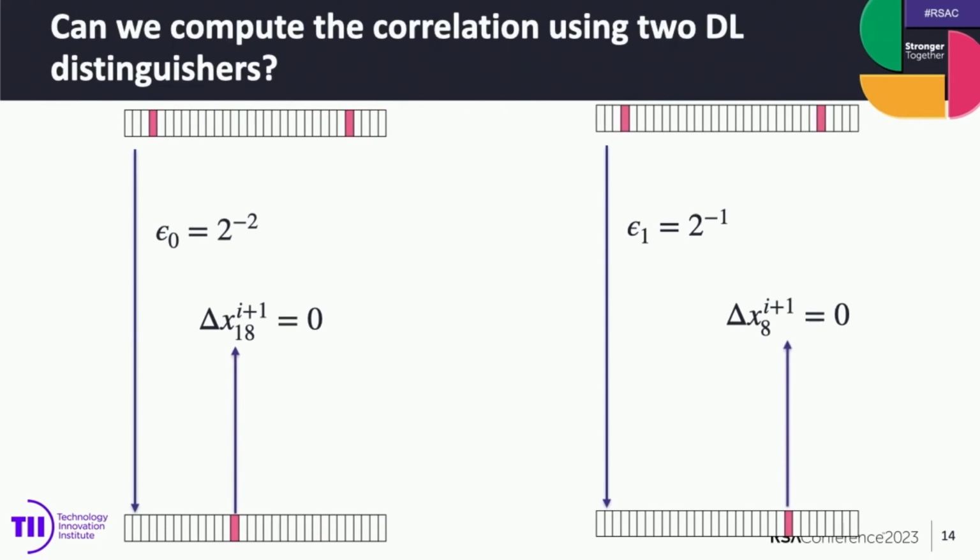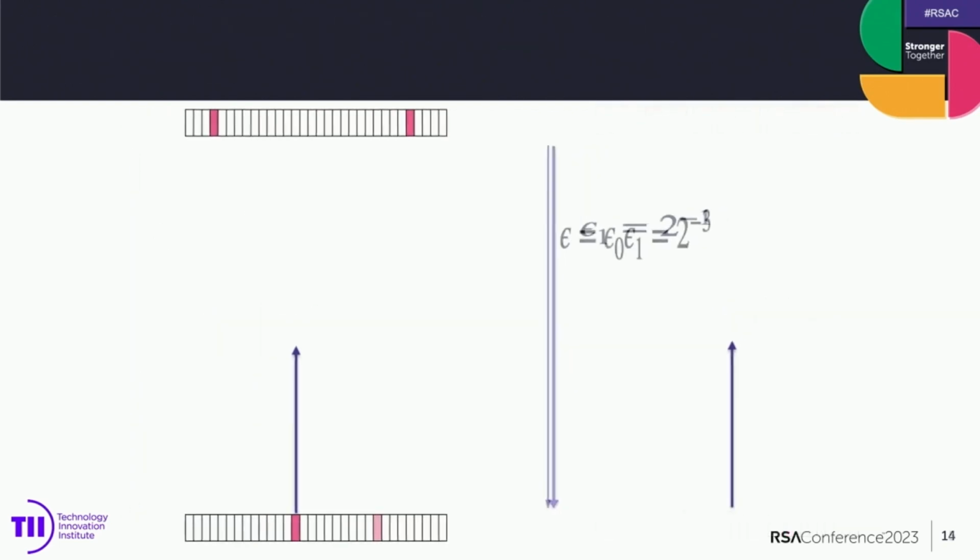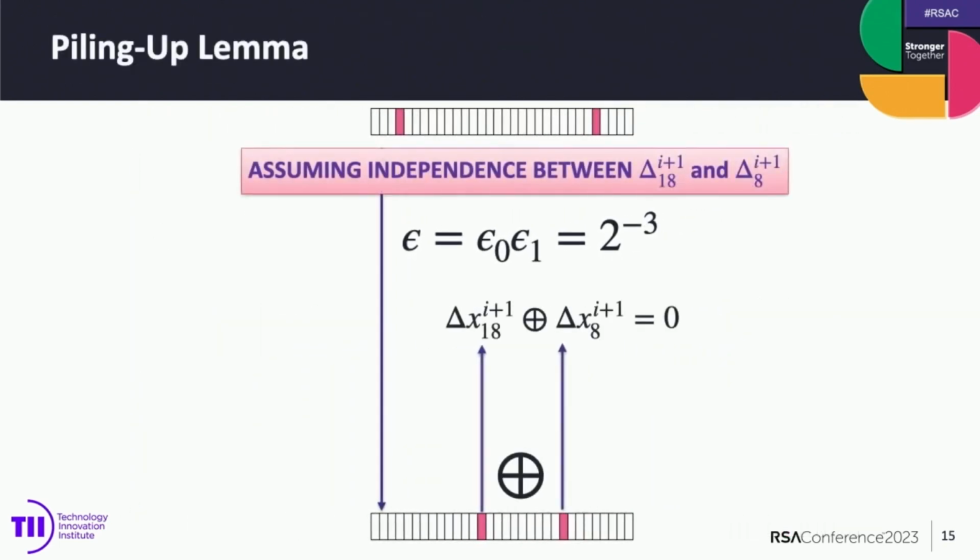In this case, we need to create a new output mask for every distinguisher with only one active bit in the output mask. For example, if the first distinguisher happens with correlation 2 to the minus 2, sorry, and the second one with 2 to the minus 1, then we can combine these two distinguishers in order to obtain the initial correlation by applying the piling-up lemma, assuming independence between the two terms involved in the output mask.